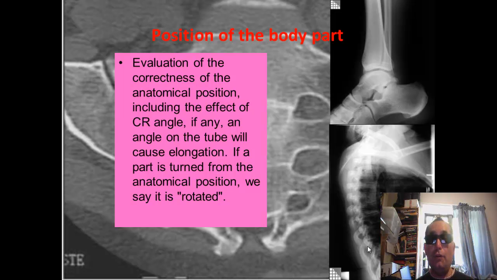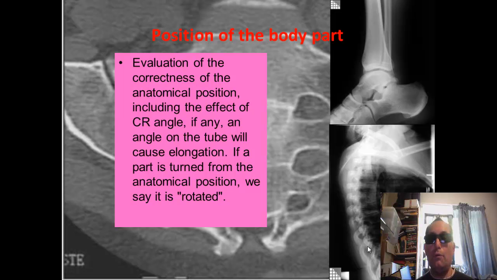If a tube is turned or angled, either cephalically towards the head or caudally towards the feet, it will cause an elongation or stretching out of the part. There are certain views for certain positions that we do this on purpose, and in that case, having an angle on the tube is okay.